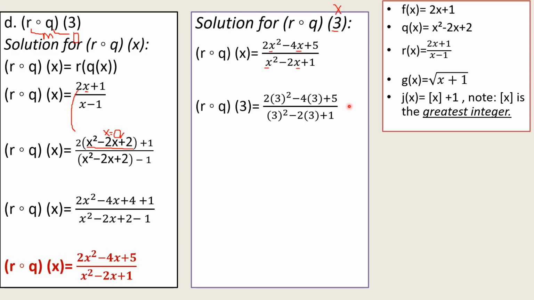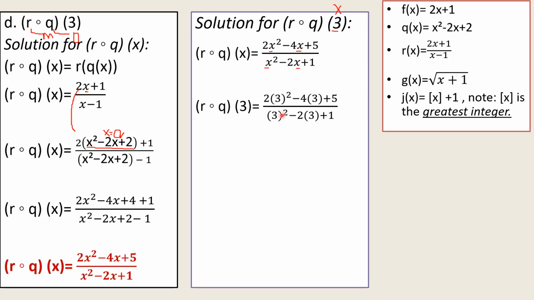Then, the denominator: x here becomes 3, then squared, minus 2 times 3, then plus 1. On the left side of the equation, we have R of Q, and x is replaced by 3, because we are evaluating. So, after we replace all the x, we simplify.